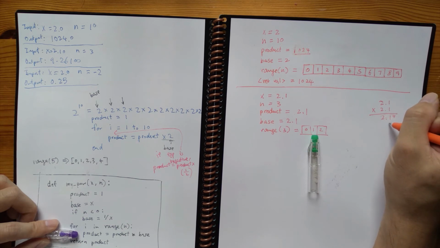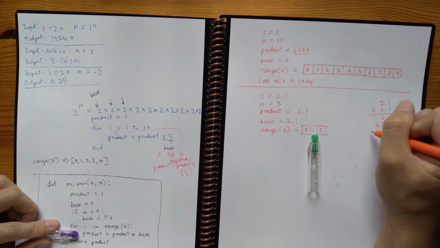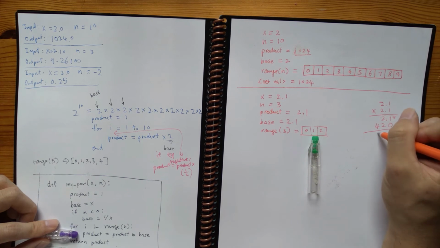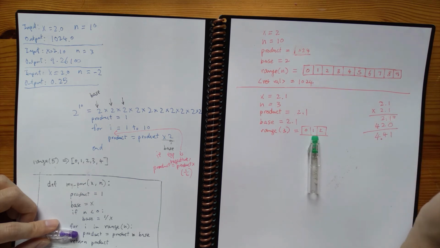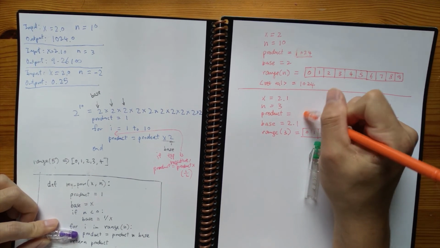And then we're going to put a 0 here and do 2 times 2.1, which is 4.2. And then we're going to add them together. 1, 4, 4. Where should the decimal go? I think the decimal should go here. So we should have gotten 4.41. I hope I'm right about that.